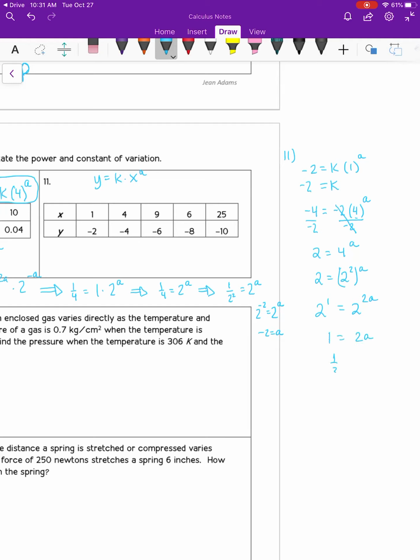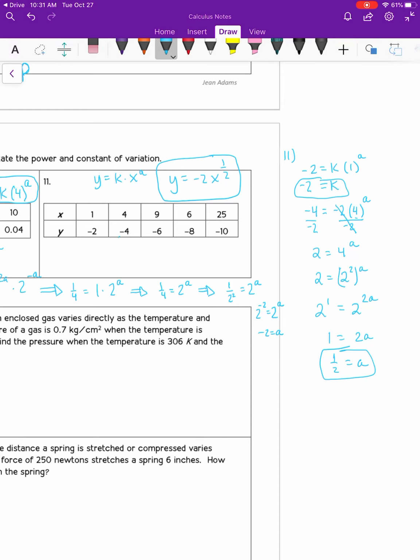That means 1 is 2a. So my a is 1/2. So now I got my k and I got my a. Here's my k, here's my a. And so this one's going to be y equals -2 times x to the 1/2. And that should be the function that would make all of these true.